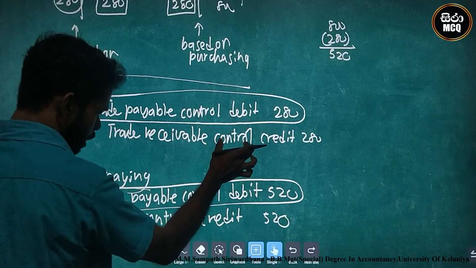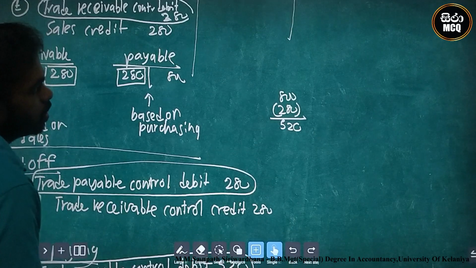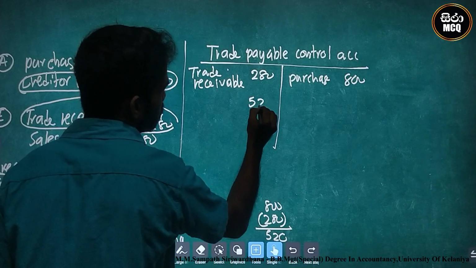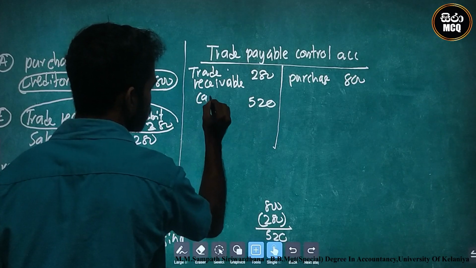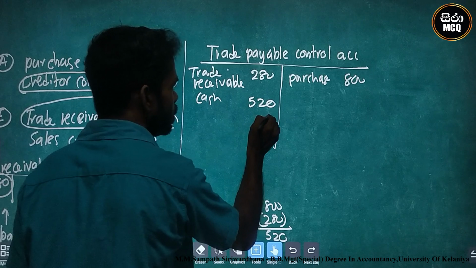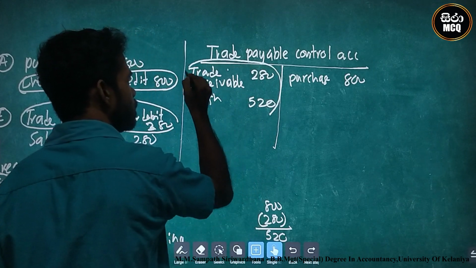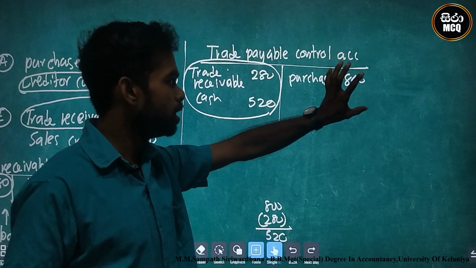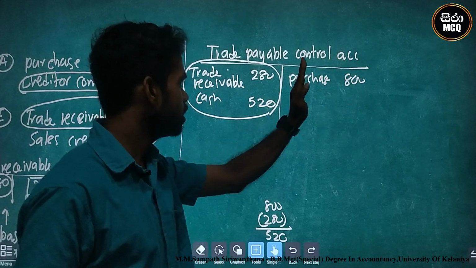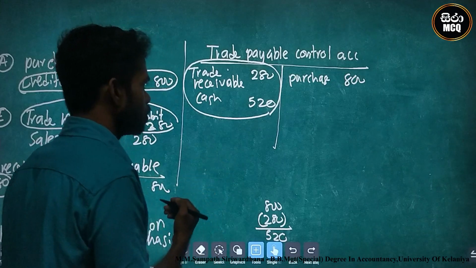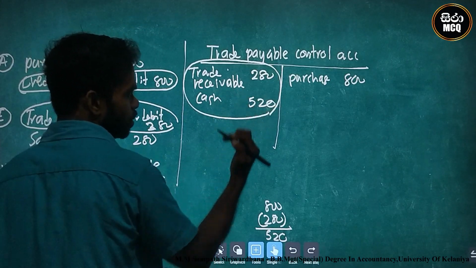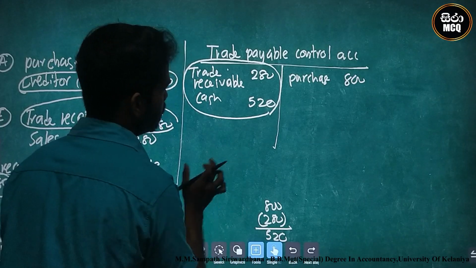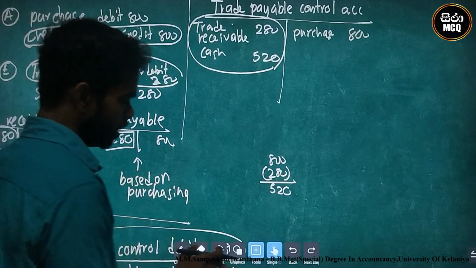Total trade payable account debit 520, cash. Settlement is closing. Why? We have a payable to trade payable of 800. The settlement is this one. There are two shorts, 280 and 520. Therefore, I can create the transaction like that.